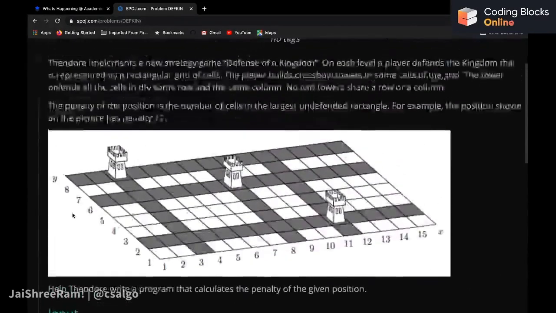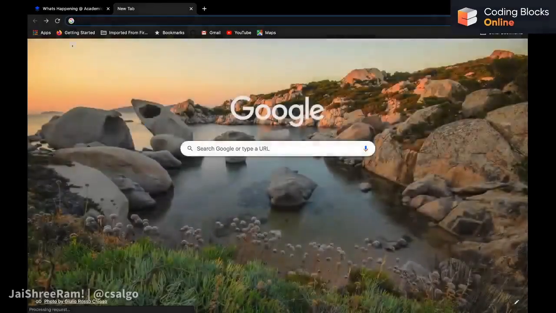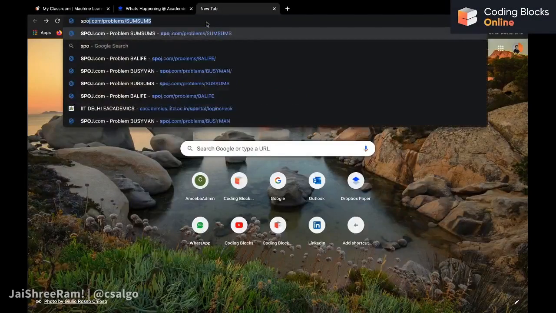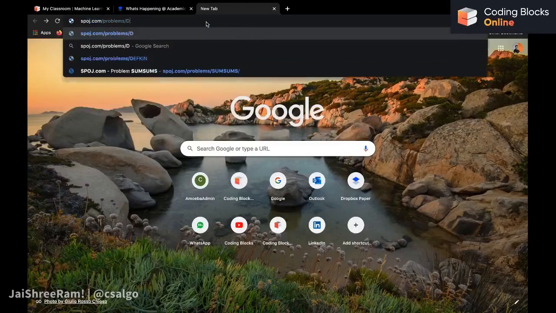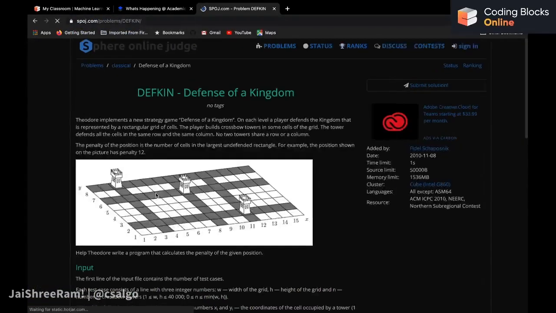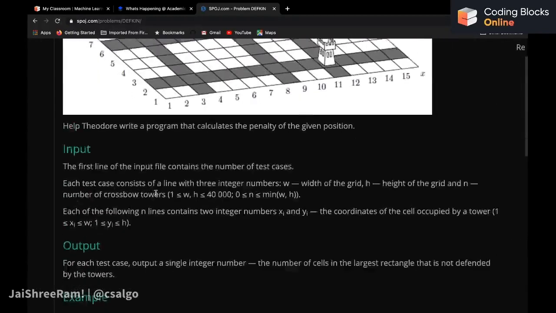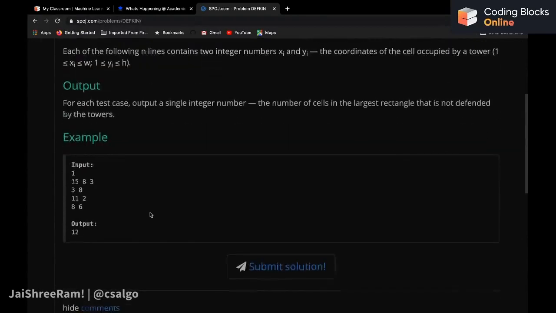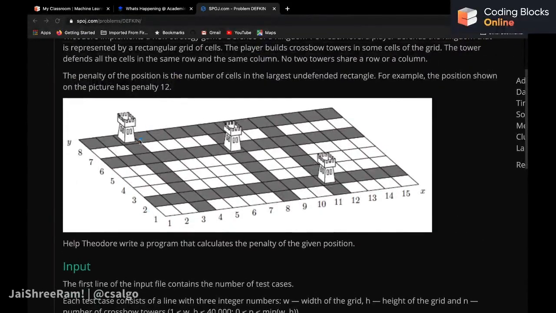So let's see what is a rectangle that is not defended by a tower. In this case, these white areas are the areas that are not defended by towers.